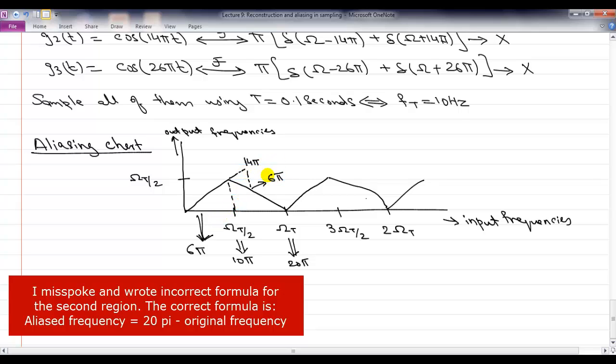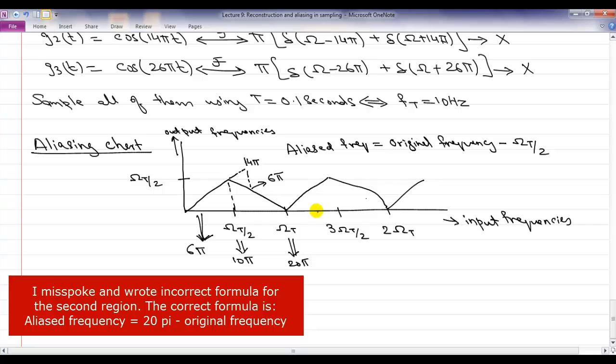If you have a frequency in this region and want to find your resulting alias frequency, the formula in this region is original frequency minus omega t by 2. That's the formula you need to use if you lie in this second region.